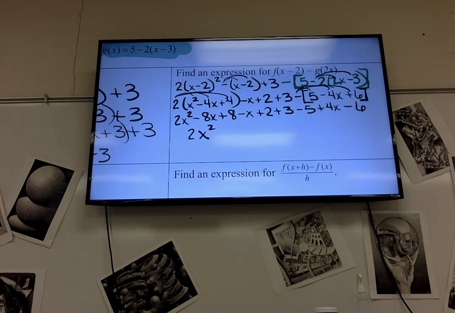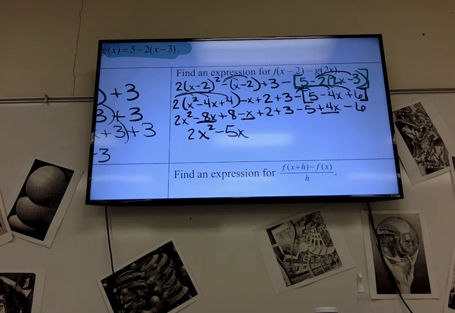Then we have minus 8x minus x plus 4x. What would that be? Negative 9x plus 4, so negative 5x, yes.